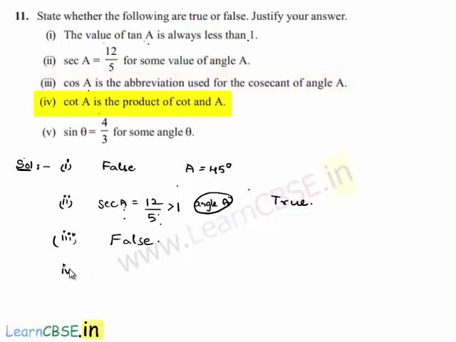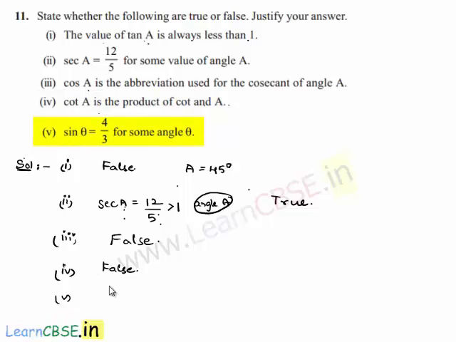Now moving on to the fourth bit. Cot A is the product of cot and A. It's false because we know that cot A is nothing but the ratio of adjacent side to the opposite side. We can't say it's a product of cot and A. Moving on to the fifth bit.